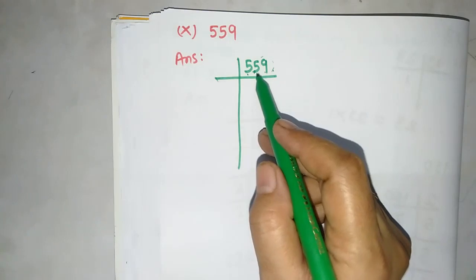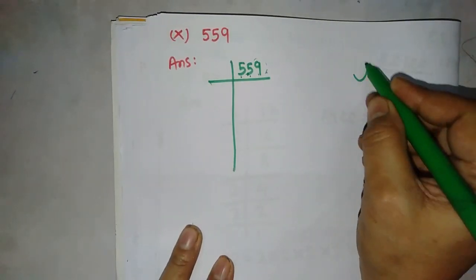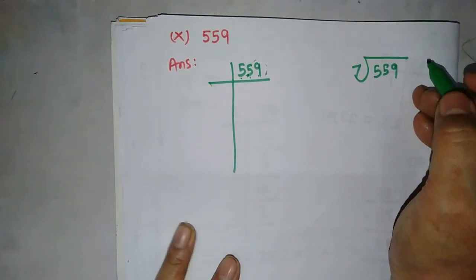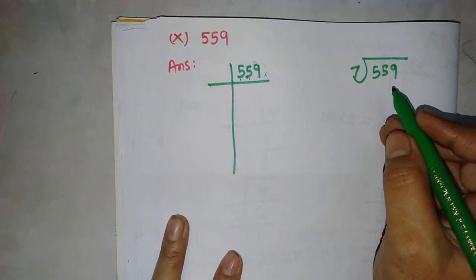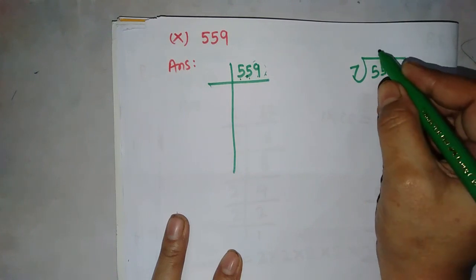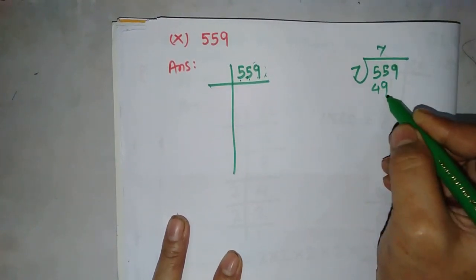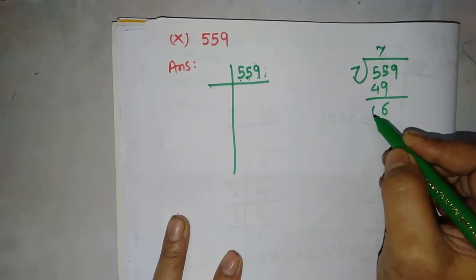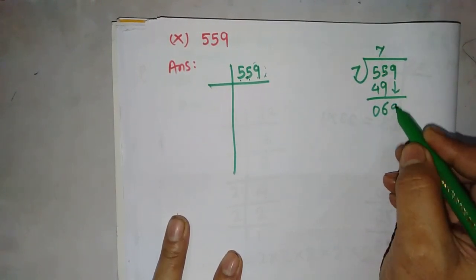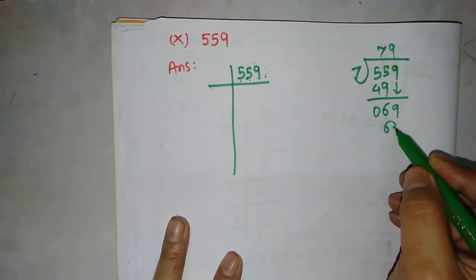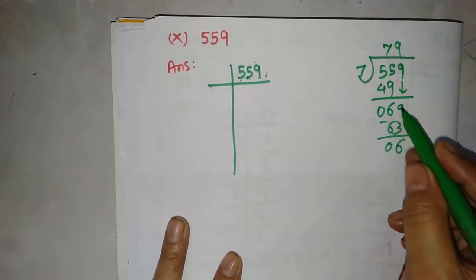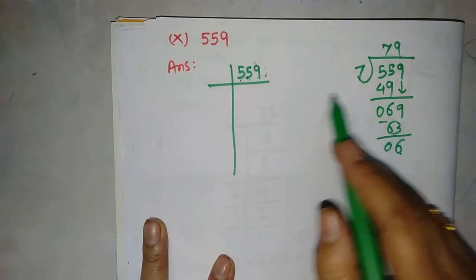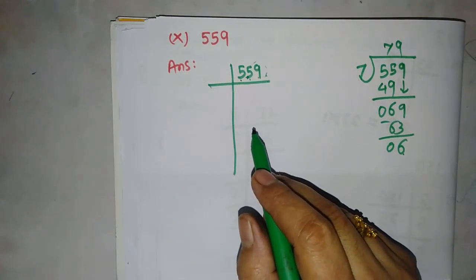Now check whether it is divisible by 7 or not. 7 7s are 49. Subtraction is 6, 9 falls down, and 7 9s are 63. Subtraction is 6, so it is not 0, so it is not divisible by 7.